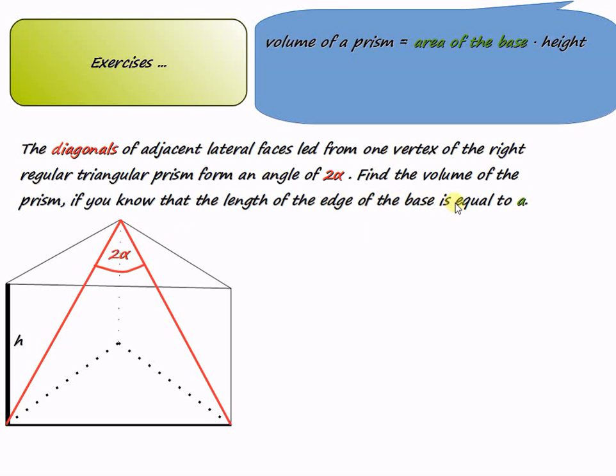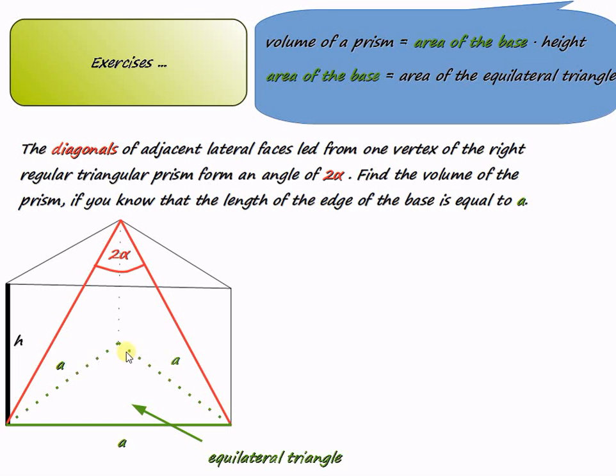Additionally, there's one more piece of information. We know that all three edges of the base are equal to a. So in fact, our triangle is equilateral. So our unknown area of the base is the area of an equilateral triangle. Let's write it down.